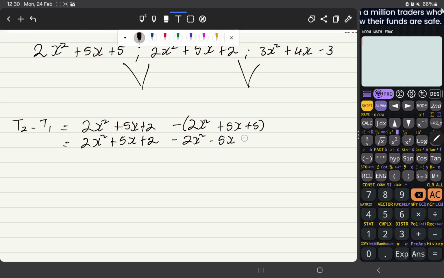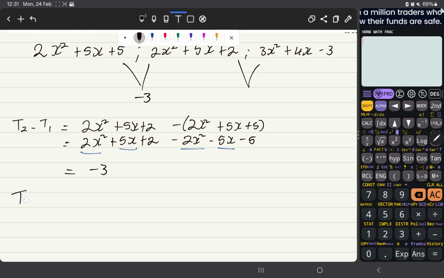I have a 0 here and a 0 here. Then that leaves 2 minus 5, which is minus 3. So that means I have a minus 3 here.